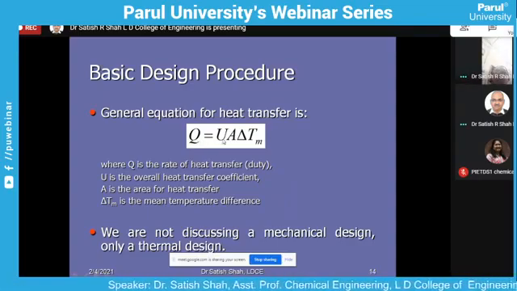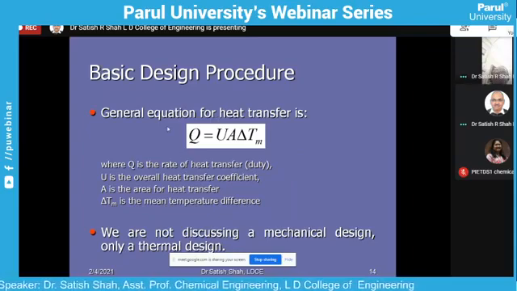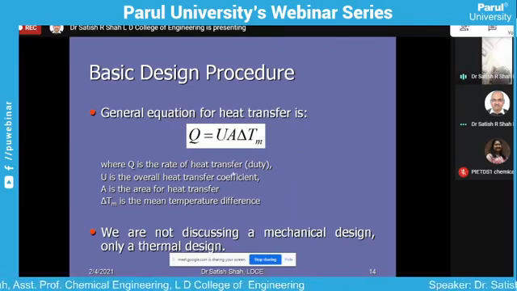U is the overall heat transfer coefficient. A is the area of heat transfer, and delta Tm is the LMTD, the log mean temperature difference, or we say mean temperature difference because we are applying a correction factor for LMTD. So it is Q is equal to UA delta Tm.